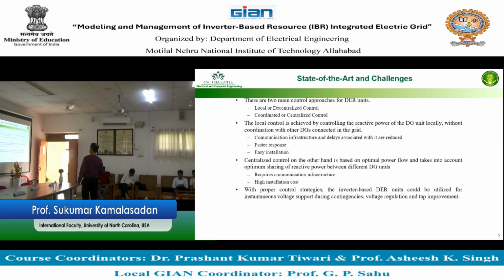The good news or bad news is that if it is locally controlled, you don't need a communication link. If it is globally controlled, coming from the substation, you need a communication link. Locally controlled has a challenge that you cannot get the global signal, so you will not be able to manage, for example, frequency and voltage. There are some pros and cons.